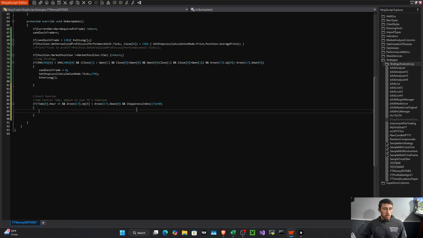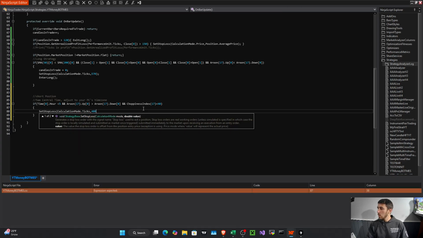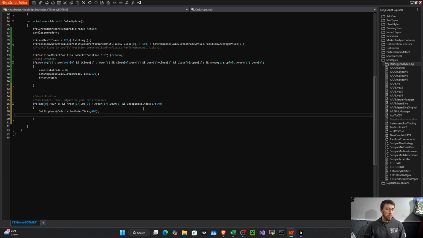Then our short side, we're gonna set stop loss calculation mode.ticks is 400. We have no TP. Oh, sorry. Actually, we only have a TP, set profit target. We have no stop loss.